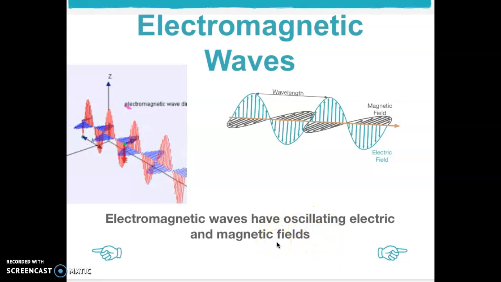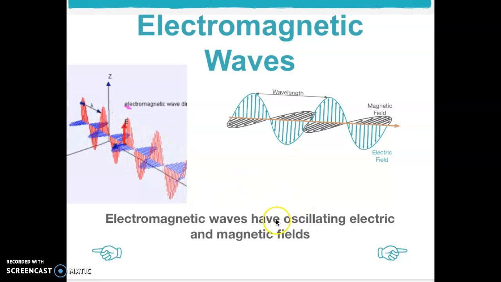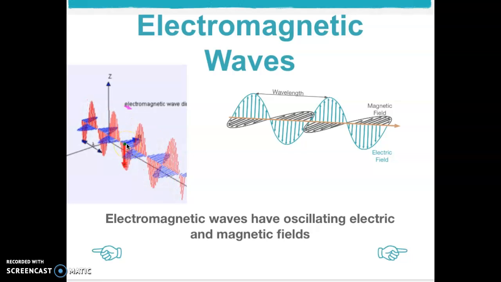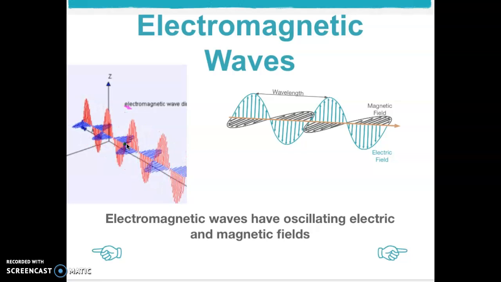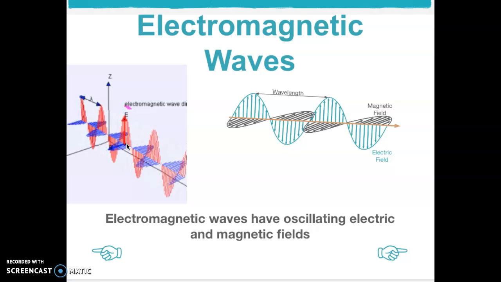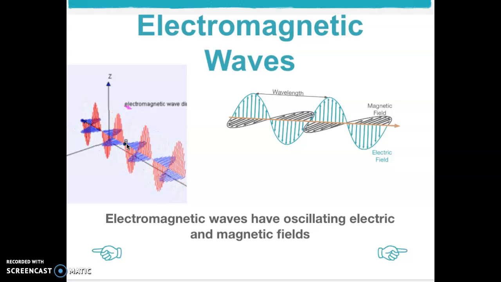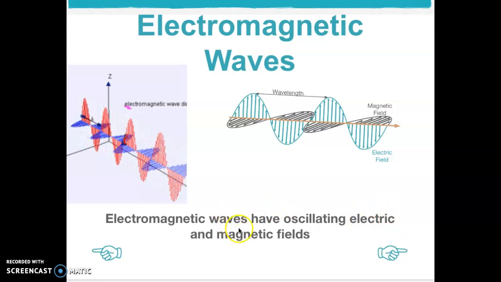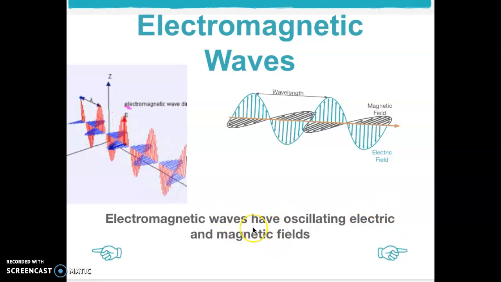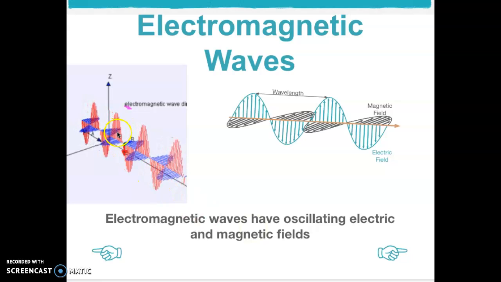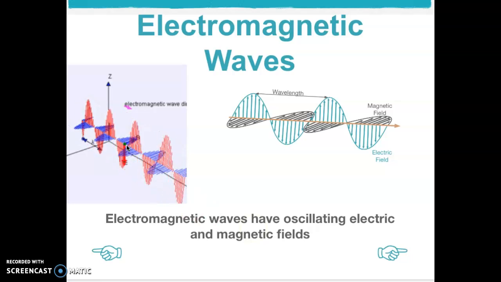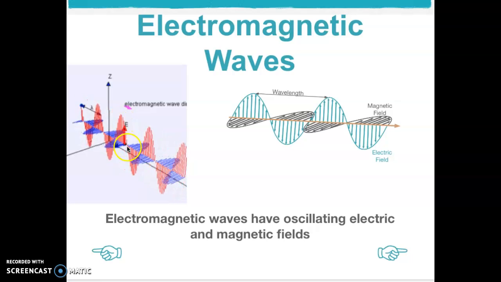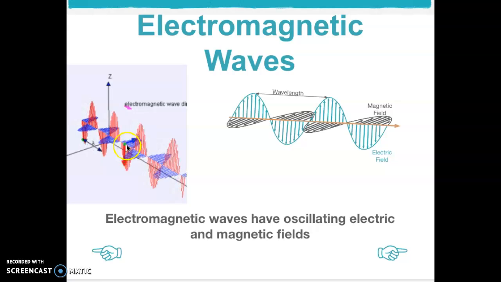So what you have are two fields, areas of force, which are varying in their intensity, and they're at 90 degrees to each other. What are the two force fields? The electric force field and the magnetic force field. These two vibrate at 90 degrees to each other, but also at 90 degrees to the direction of the wave travel, like that, perpendicular.